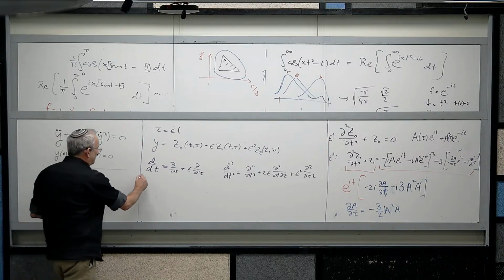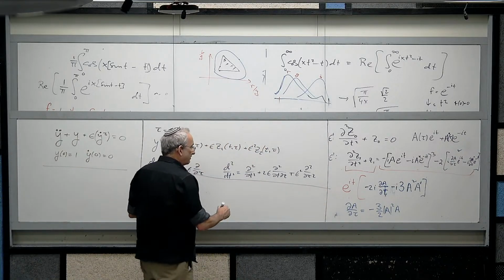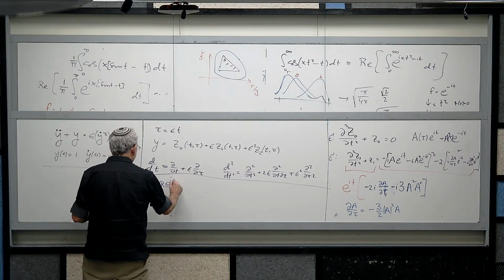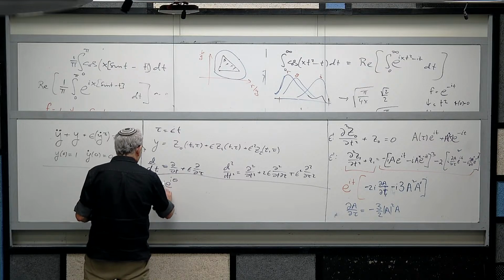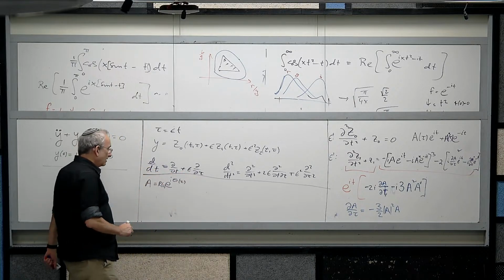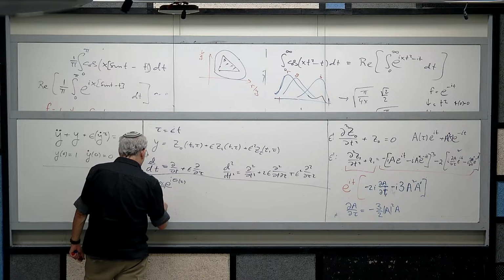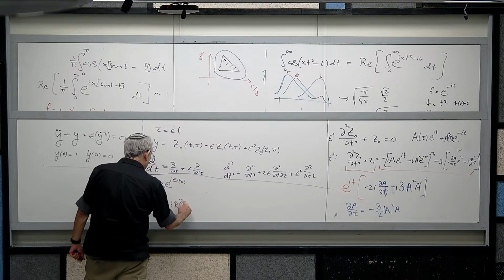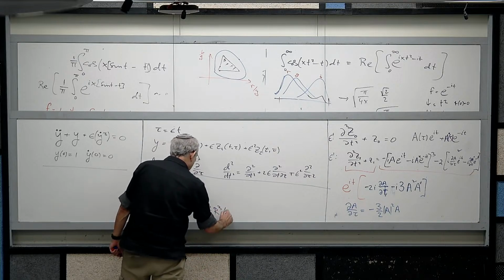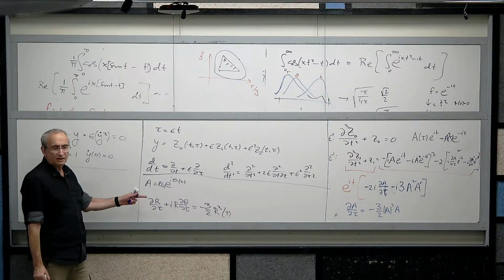Assume now that A is R e to the i theta, both of them functions of tau, and we plug it here. What we get is dR/dτ plus i R dθ/dτ is equal to minus 3/2 R cubed, where the e to the i theta cancels out.